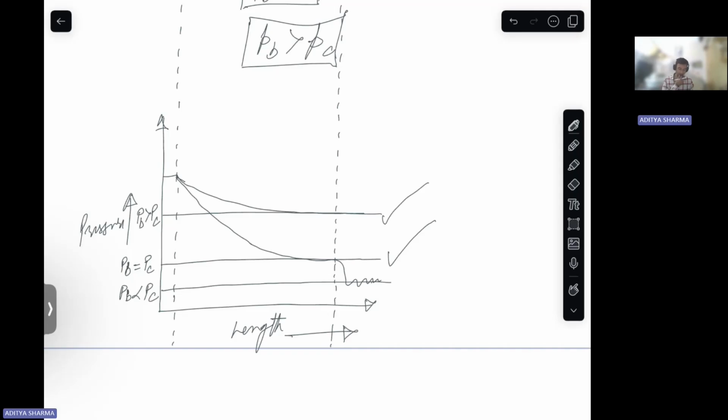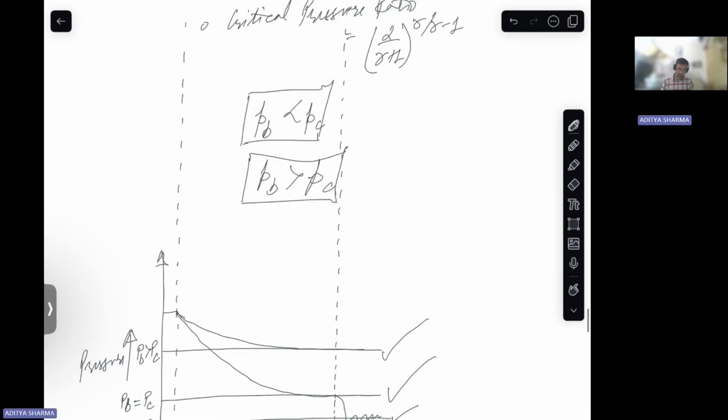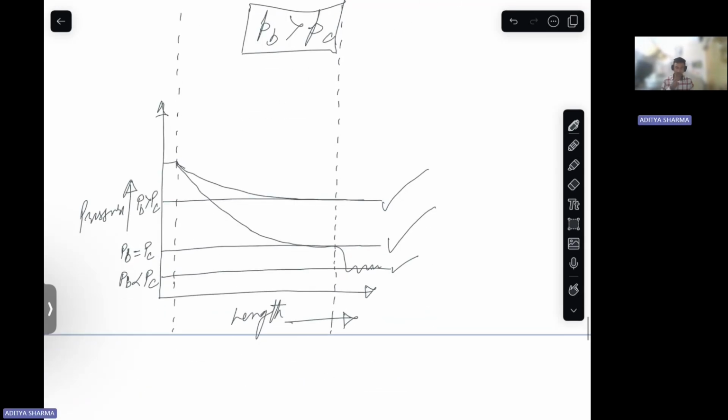And if your back pressure is less than the critical pressure, in that case, though the mass flow rate will be maximum, after exiting the nozzle, the expansion will be quite violent, right?